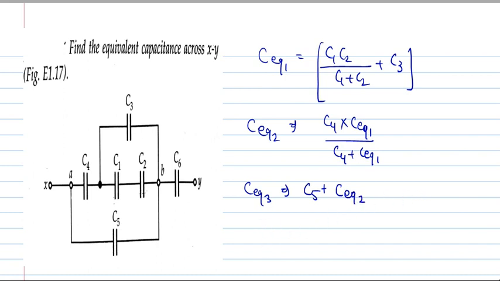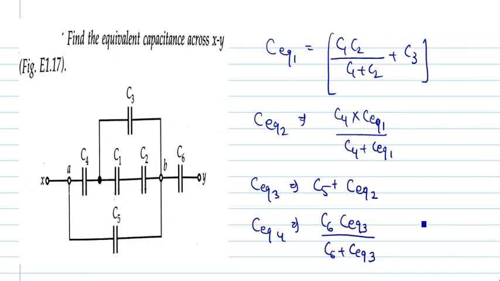Now this combination will come in series with C6. So then C equivalent 4 is equal to C6 into C equivalent 3 upon C6 plus C equivalent 3. Now we can substitute the values of C equivalent 3, C equivalent 2 and C equivalent 1 in C equivalent 4, because C equivalent 4 is the final equivalent value of this whole circuit.